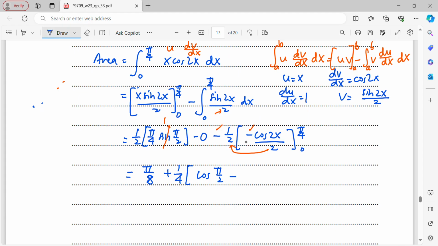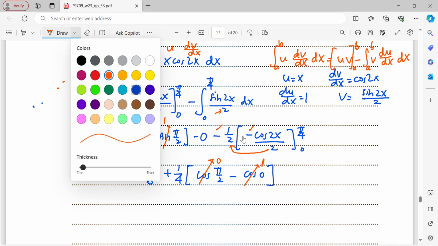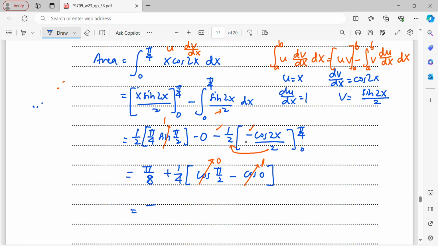Then minus, when x is 0, I will get cos 0. For your info, cos 0 is 1. Cos pi over 2 is 0. Then from here, I will be getting pi over 8, and 1 over 4 times minus 1 will be minus 1 over 4. So that is the area.